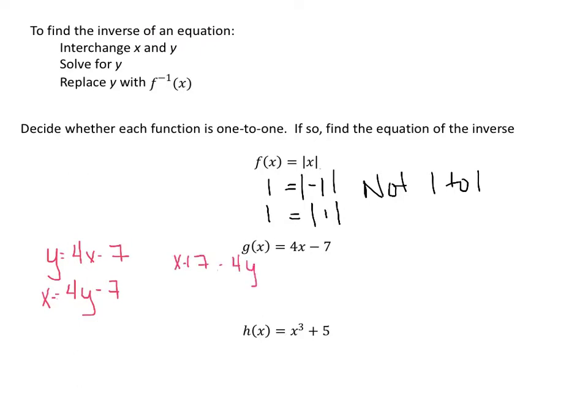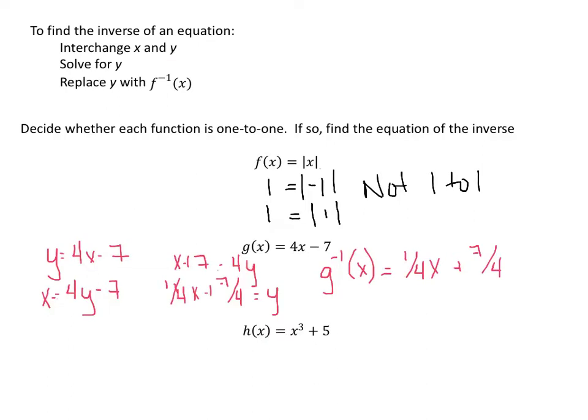Divide by 4 and we get 1/4 x plus 7/4 is equal to y. So then we write this: the g inverse of x is 1/4 x plus 7/4. It really is that simple.